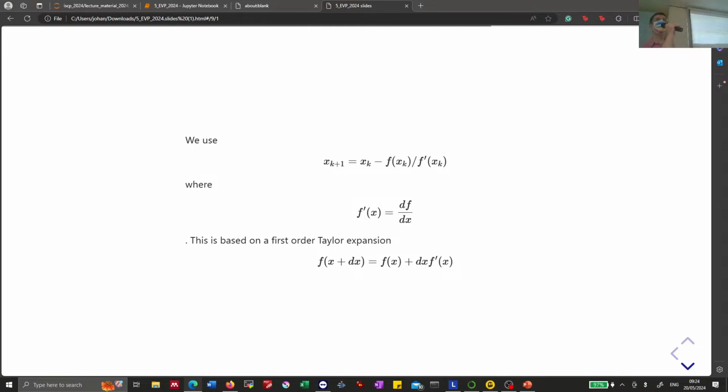Definition of dx. dx is x2 minus x1, right? A very, very small difference. We plug this in and then, well, x2 is what? x1 plus 1, right? Not x1 plus capital 1, but the index 1 plus 1, right?